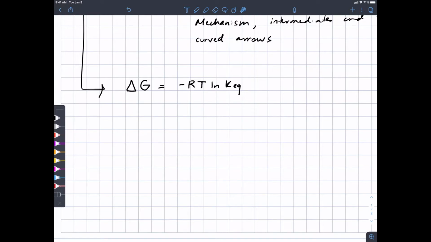If you want, ln is natural log, don't worry about that. I'm not going to be having you calculate natural logs. And then if you wanted to calculate KEQ, that's the number e, or the exponential, raised to the minus delta G over RT, so that you can see if delta G is negative, KEQ is greater than 1. If delta G is positive, KEQ is less than 1.